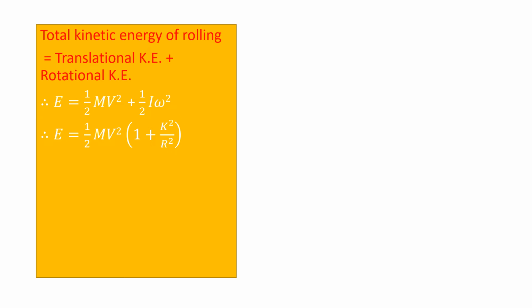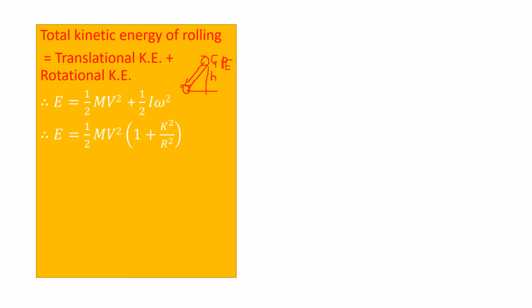Here we know that the object is rolling down an inclined surface and it is always lifted up to a distance h. When it is lifted up to a distance h, it possesses some gravitational potential energy, that is GPE, and when it rolls, this gravitational potential energy is converted into its total kinetic energy.